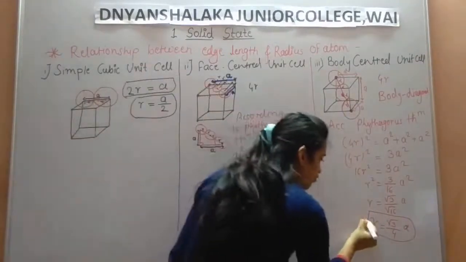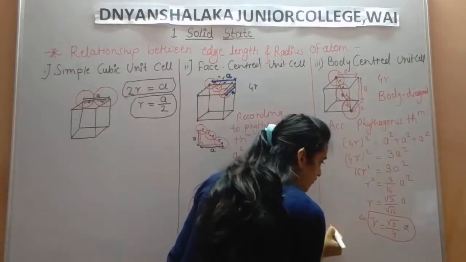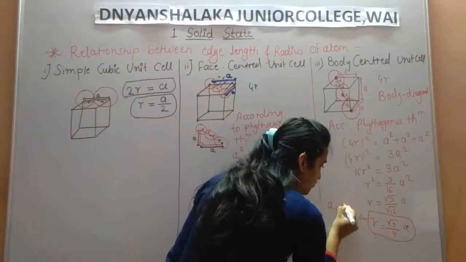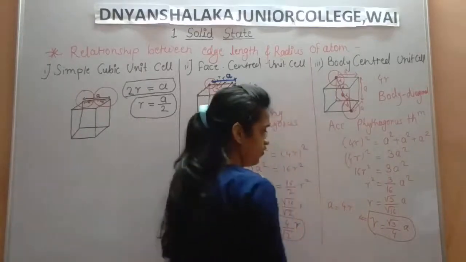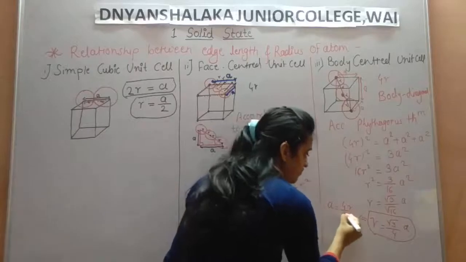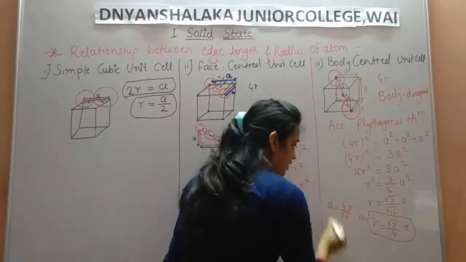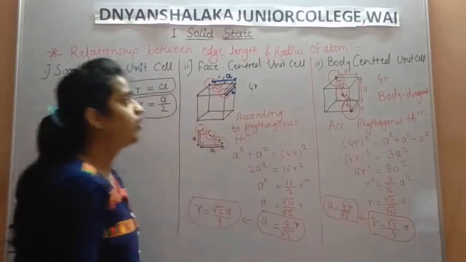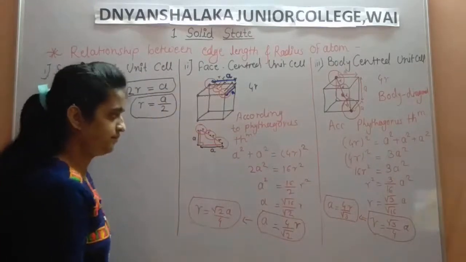And next, how to find out the value of a? So the value of a is equal to 4 into radius upon root 3. So this is our second equation for the body center unit cell.